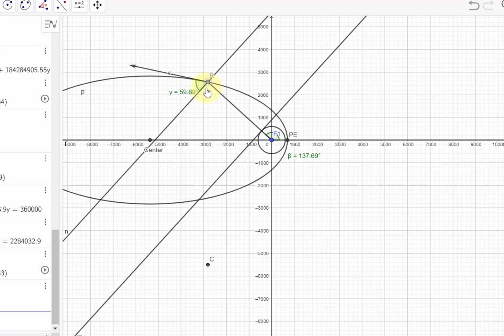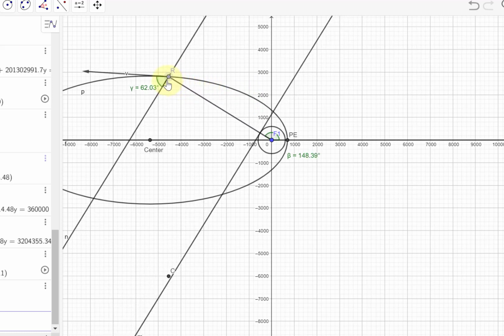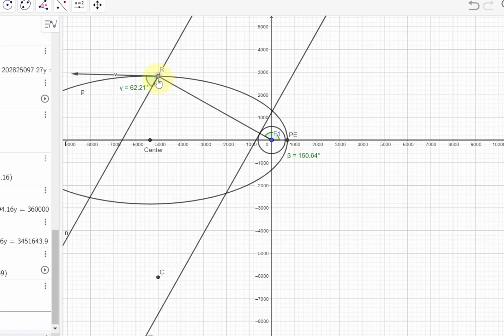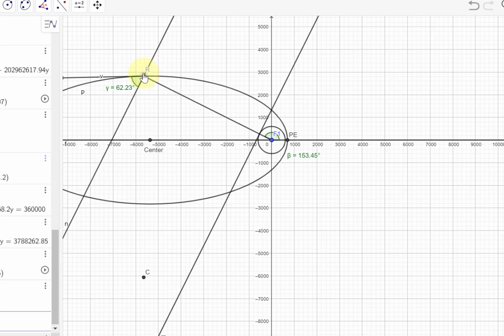Here it is at 59, 60. It's going to go up to about 62. And that happens at about 152. I see the true anomaly down here, about 62.3, right when that's about the maximum right there, and then it's going back down.